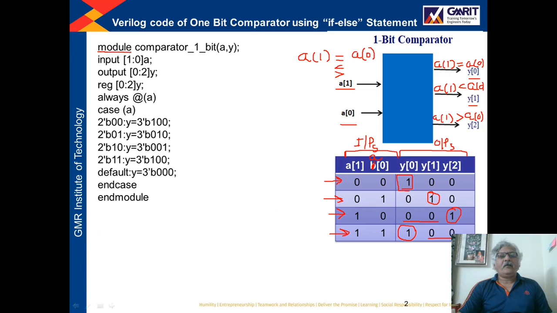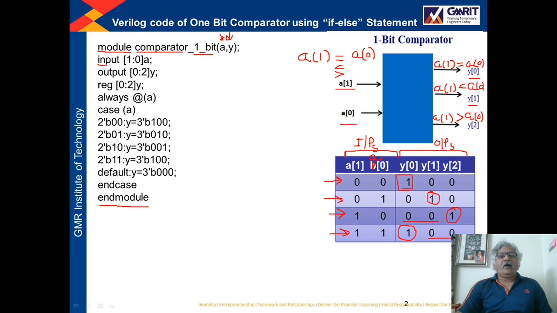So we start with the keyword module and we end with the keyword endmodule. The name of this module is comparator_1_bit. A and Y are the ports.